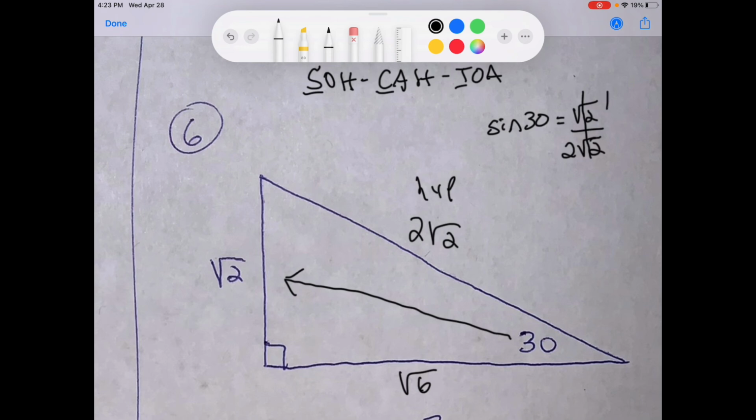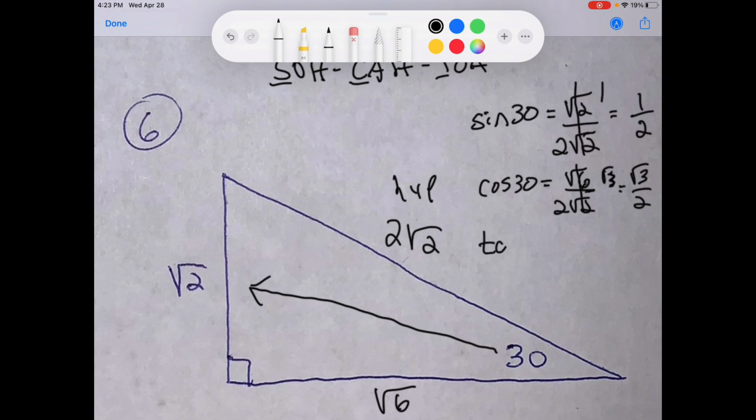So sine 30 is 1/2. Cosine 30 is adjacent over hypotenuse, root 6 over 2 root 2. And notice that root 2 will go into root 6 root 3 times. So my answer is root 3 over 2 for cosine 30.